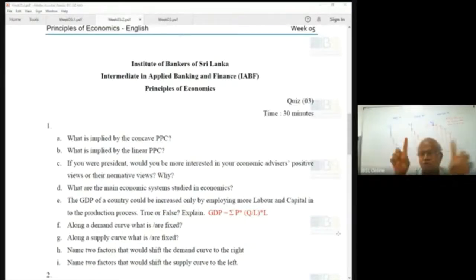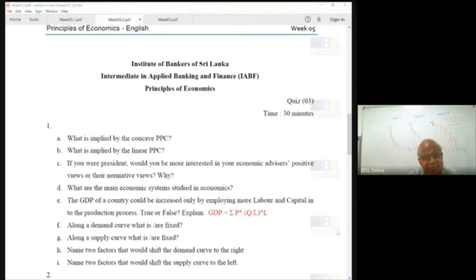Okay. Think about the factory. You have the people. You have machines. If you want to increase factory output, you can increase head counts, the number of people. You can introduce more and more machines. Definitely, that is one way to increase the output. Is there any other way to increase the output? There is. What is the other way? Not the exports.